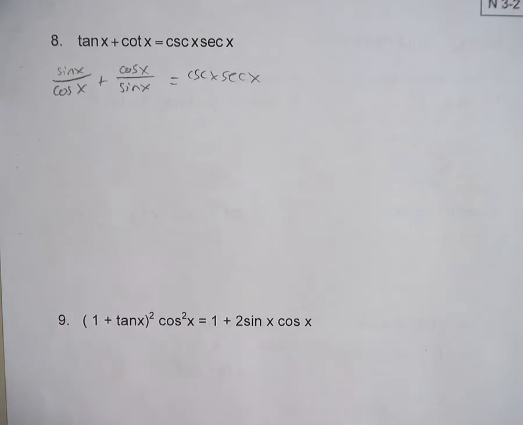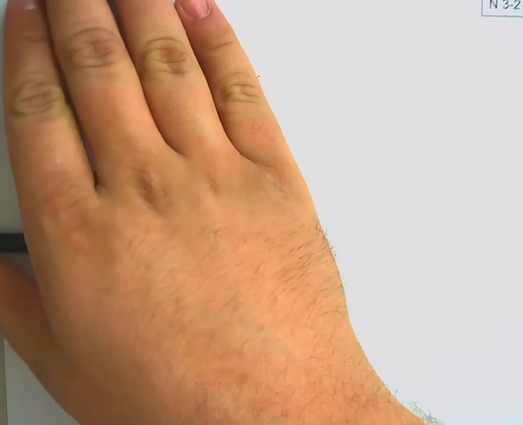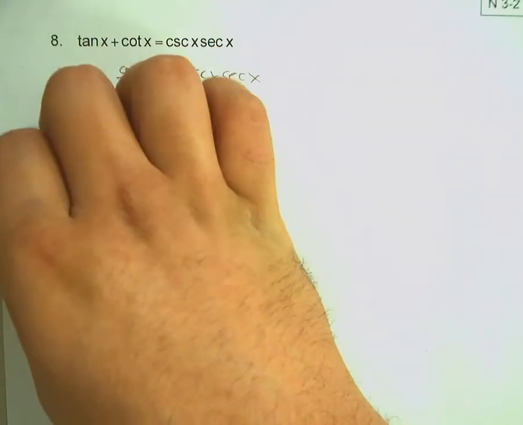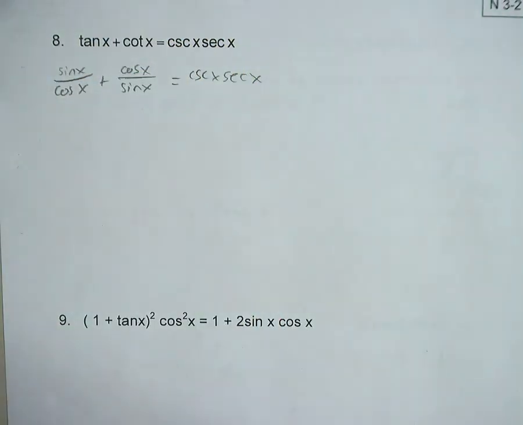Now we've got two fractions here that I need to do something with. Well, I'm adding two fractions together. And forget the precalc for a moment. I know that anytime I add two fractions together, I need common denominators.